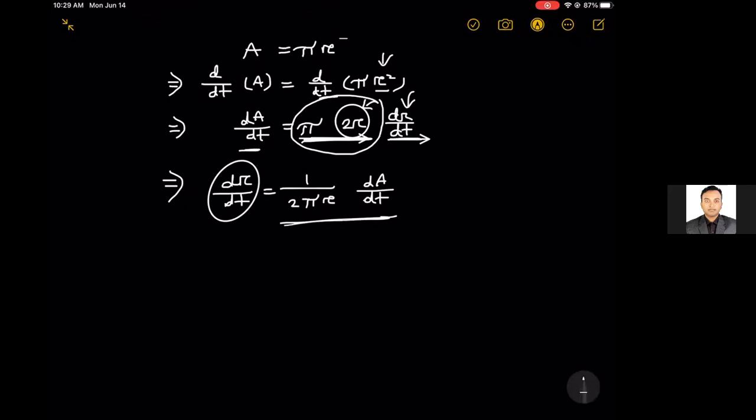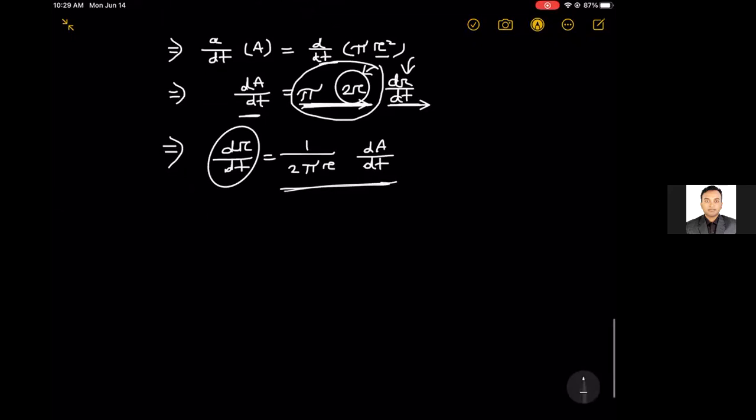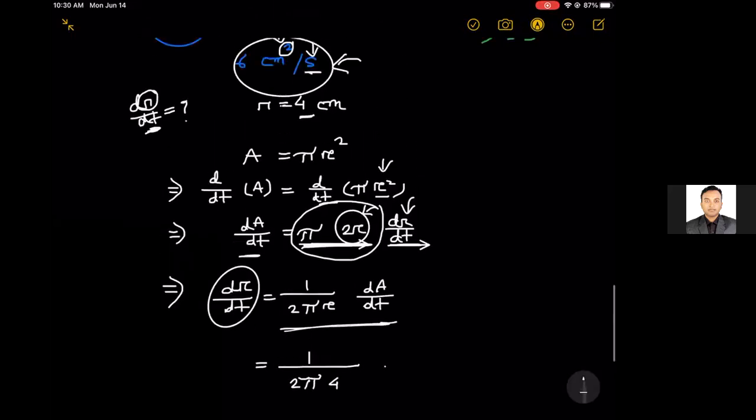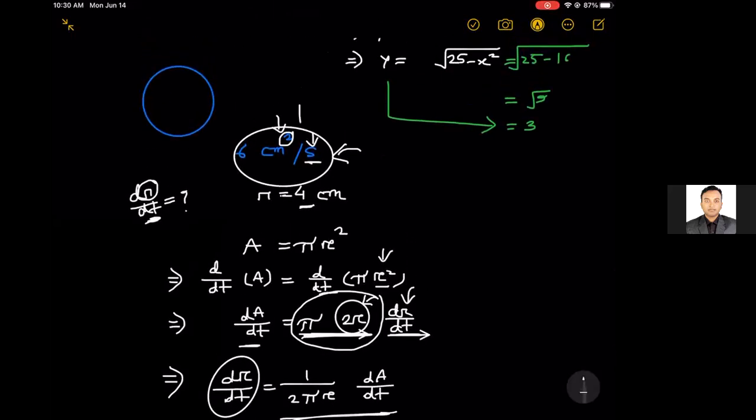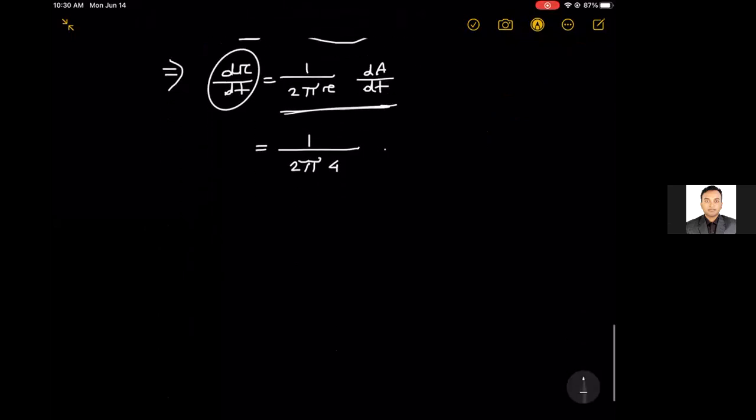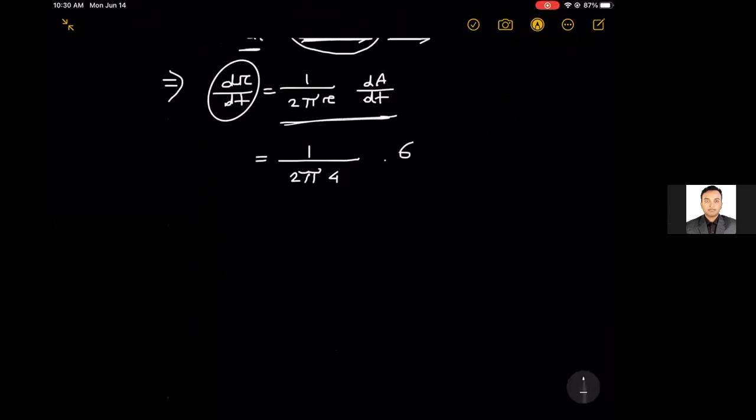And now I can plug in the values since it has said the radius is 4. So 1 over 2 times pi times 4, and dA dt is, I guess, 6. Yeah, it's 6. If we simplify it, 8 pi, or we can write 3 over 4 pi.